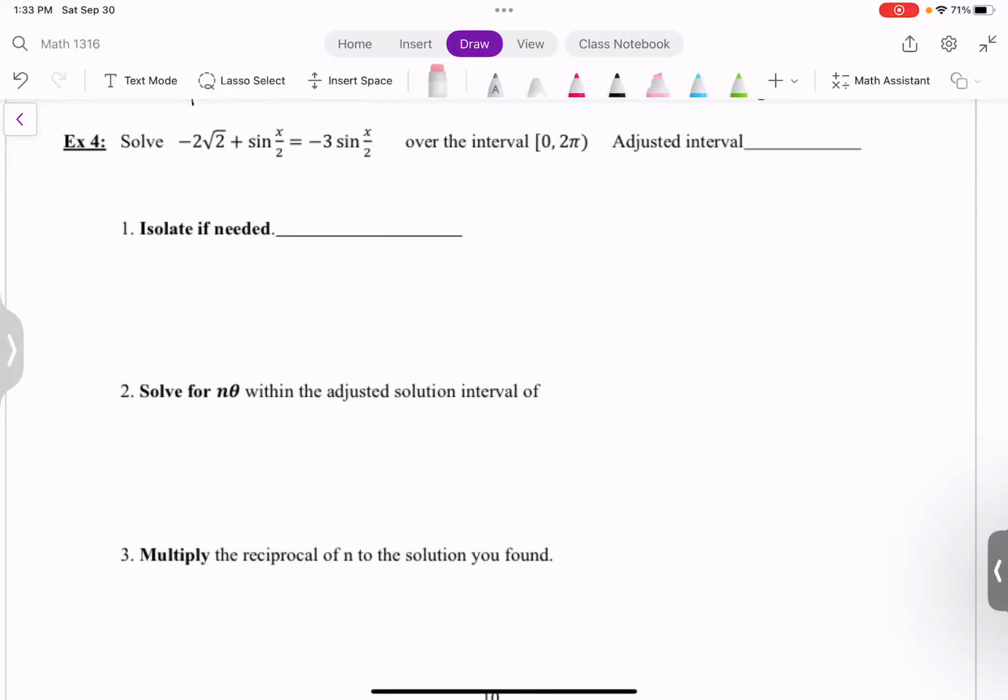Negative 2 square root of 2 plus sine x over 2 equals negative 3 sine x over 2. Okay, we have the x over 2. I need to combine all the sine x over 2 together and then move the negative 2 square root of 2 away. So plus 3 sine x over 2 on both sides.